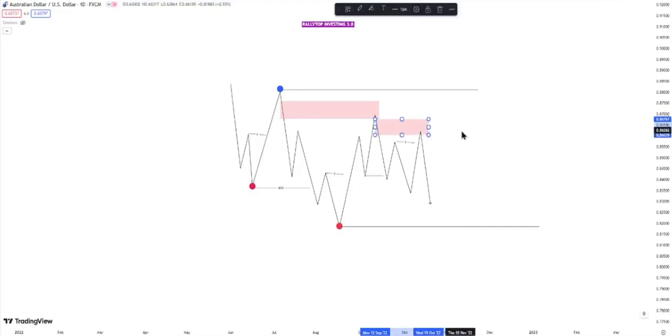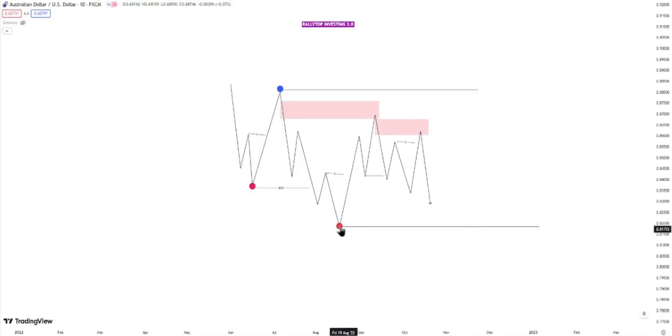Now, remember, this is internal structure. Your main structure is this one. This is your external liquidity. You want price to come and take out this external liquidity. I'm showing you how you can capitalize on taking price to come and take out this internal liquidity.